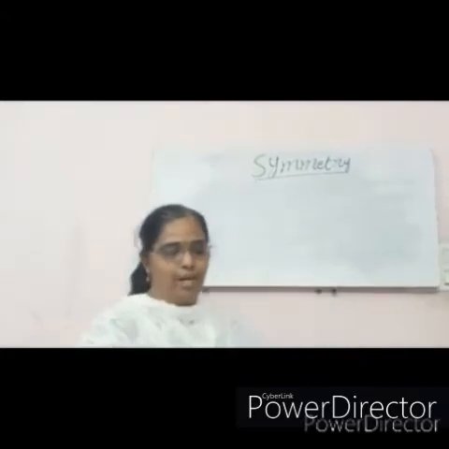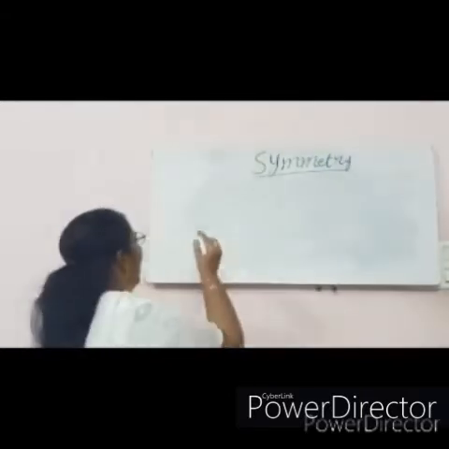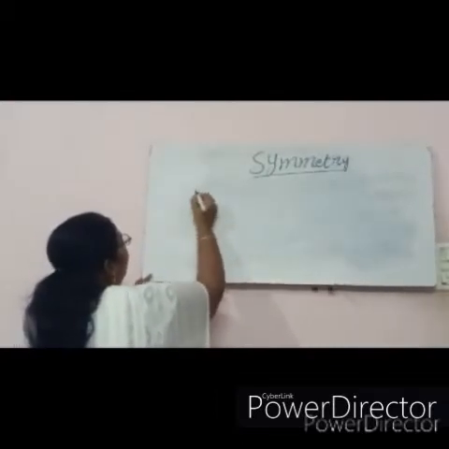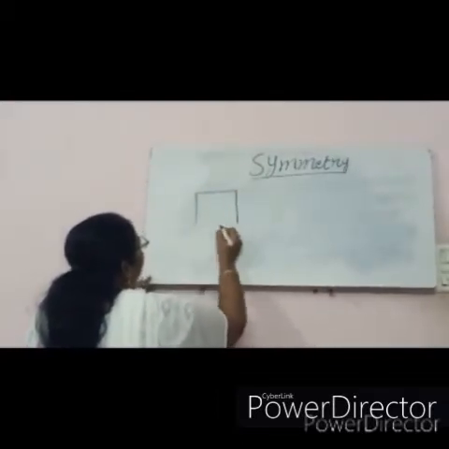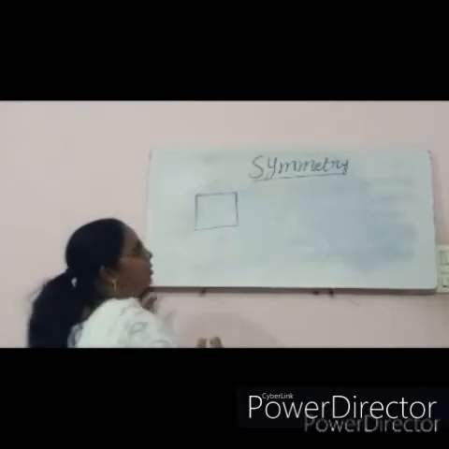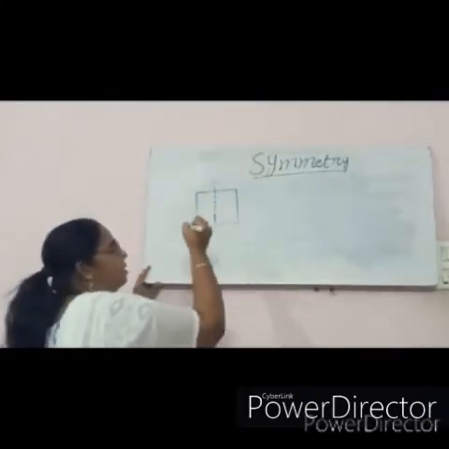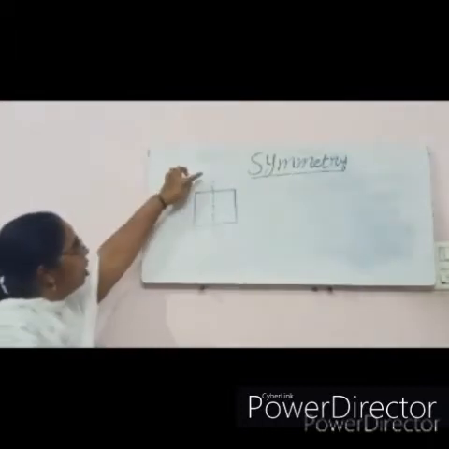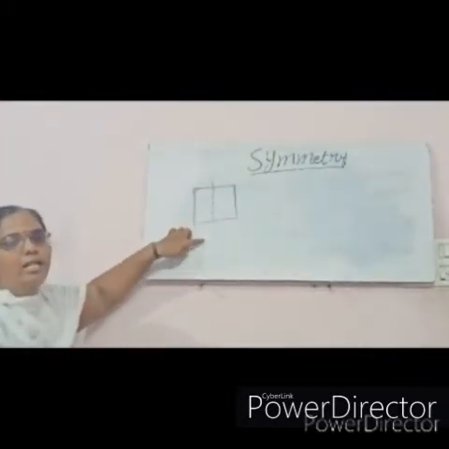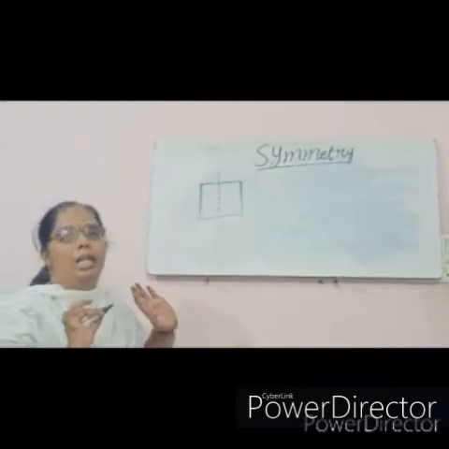So, for example, if I draw a square here, now I am drawing a line like this. This dotted line means that it is an imaginary line.